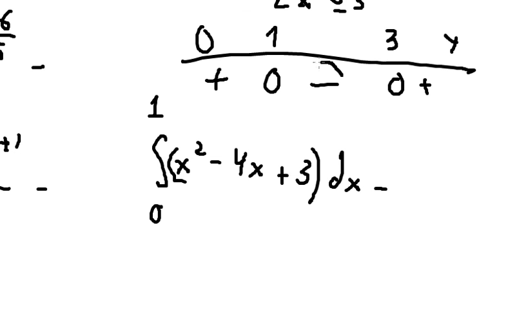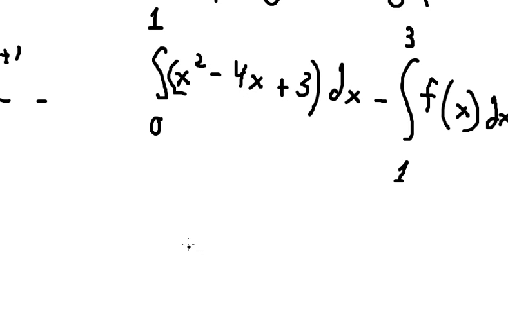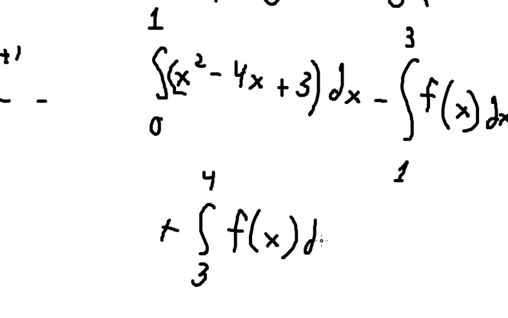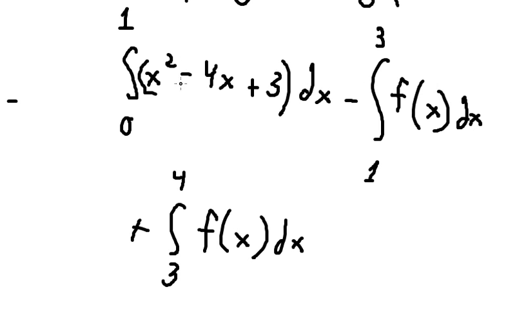That's why we need to change this negative into the positive by using the negative in here. So I just write f of s, that's about the function, this function in here. Later that, we move our positive from 3 to 4, f of s ds. So we got the final answer.